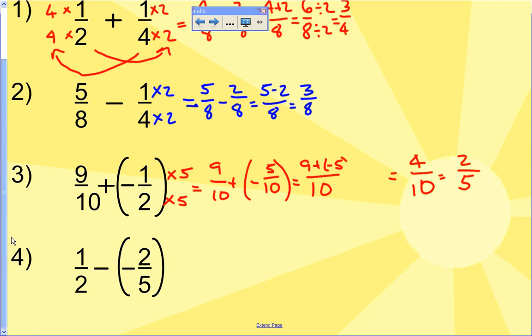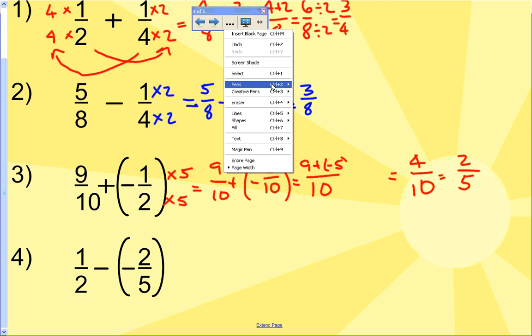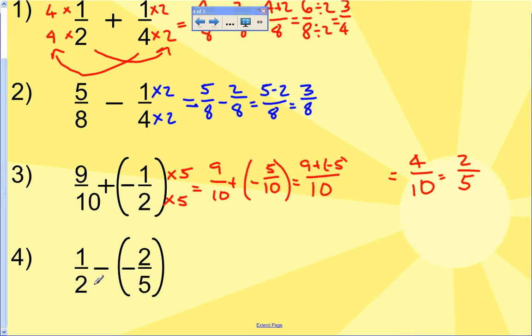Let's look at number 4. So using the same thought process that we used on the other ones, is there a whole number that I can multiply times 2 to give me 5? No, there's not. So what number can I turn both of these into? The smallest number that I can turn both of these into by multiplying them by something.